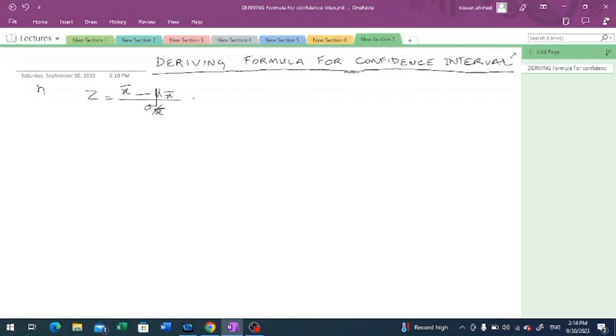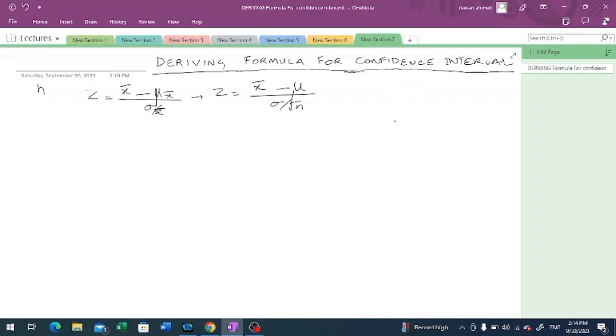Later on we transformed and substituted the values of mu of x bar equals mu. So in place of mu of x bar, we can substitute mu, and in place of sigma of x bar, we can substitute sigma divided by root n.